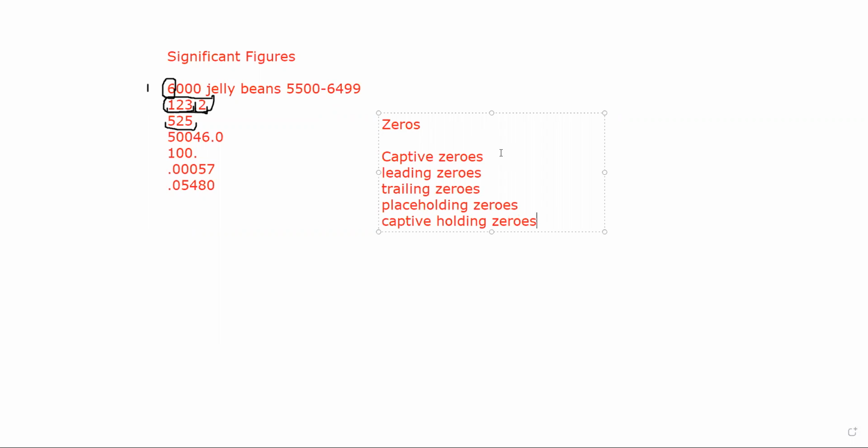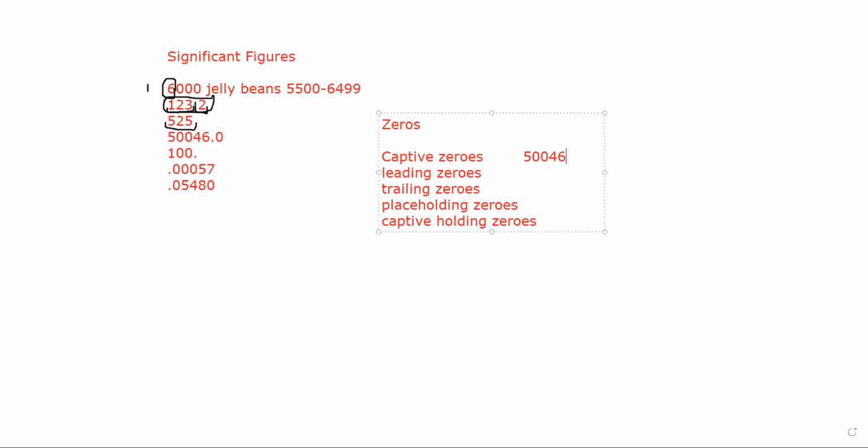So with a captive zero, that would be something along the lines of what we have over here, 50046. We'll just leave it as that. So here, since our 2 zeros are sandwiched between a 5 and a 4, we say that they are captive. They cannot escape. They are prisoners here. They're being held against their will. Say what you will about them.